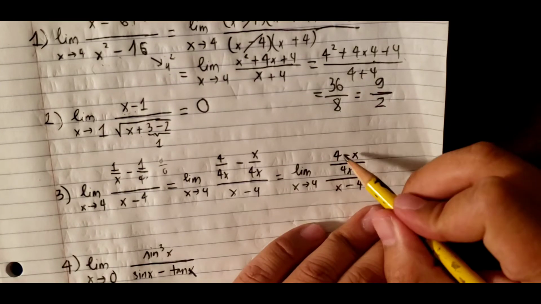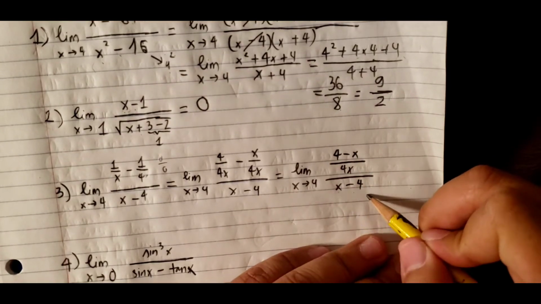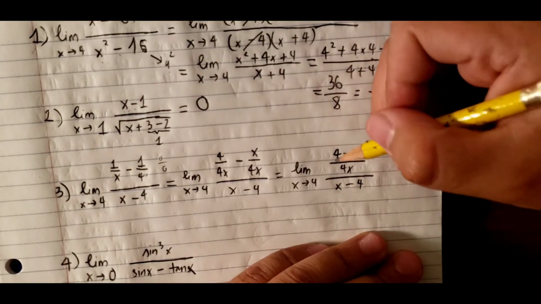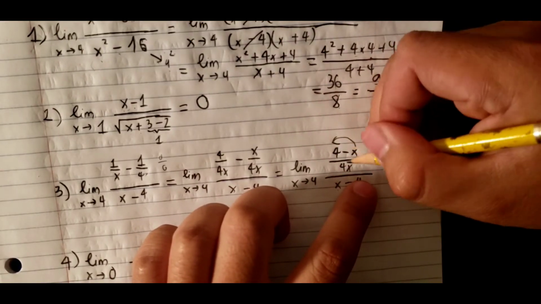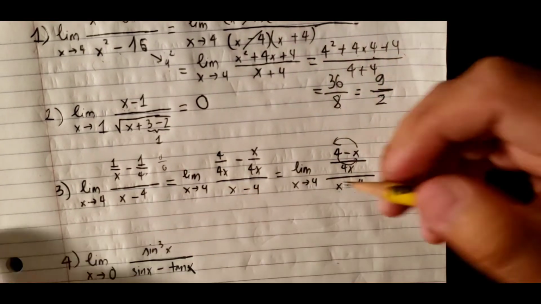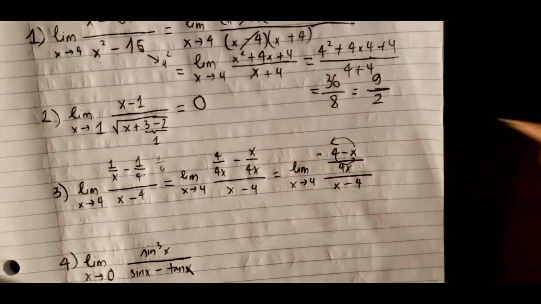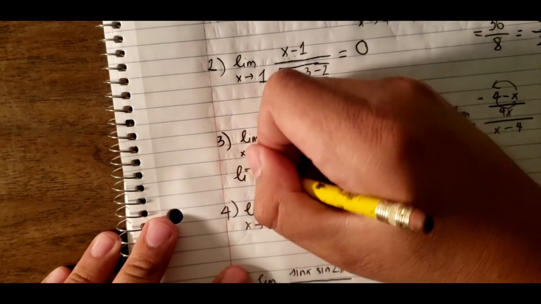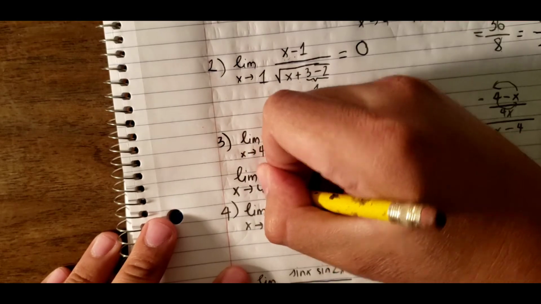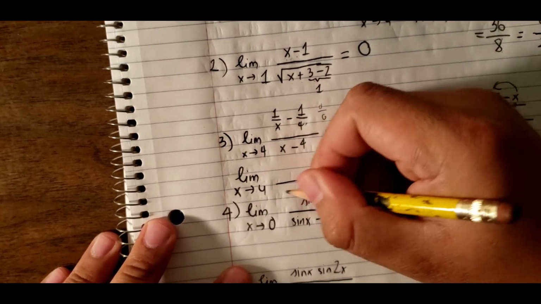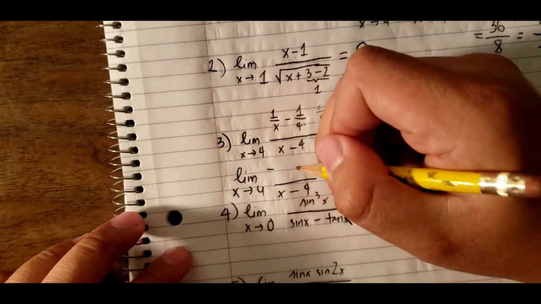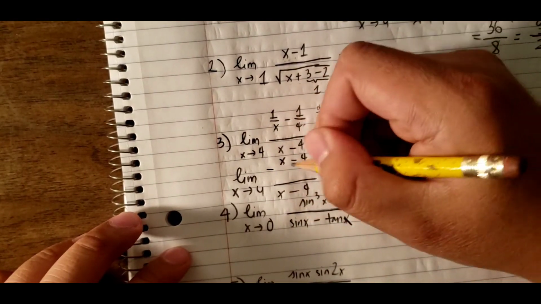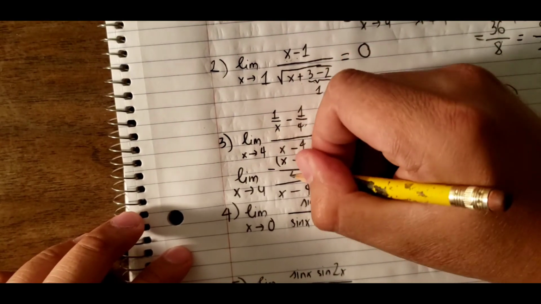You can see that 4 minus s and s minus 4 can be swapped by putting the negative sign outside, and you get negative, s minus 4 divided by 4s.